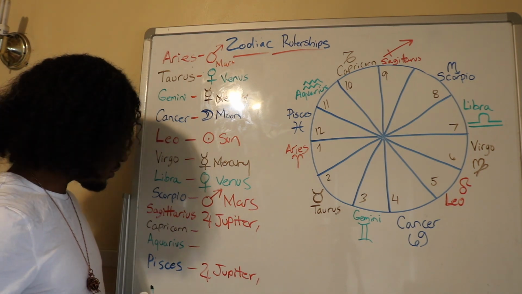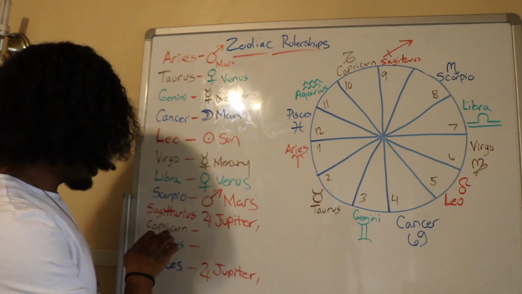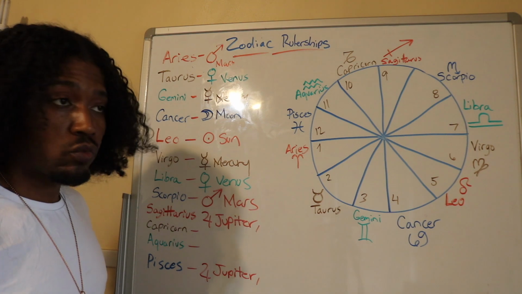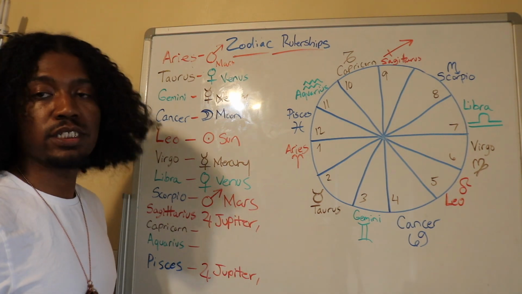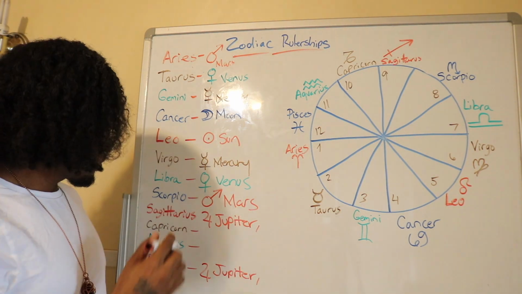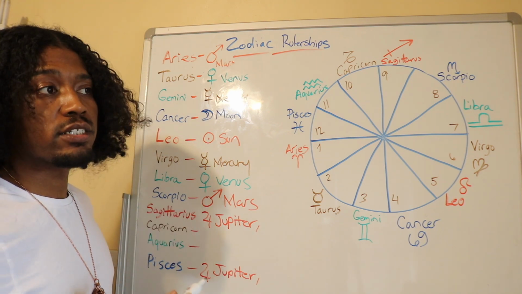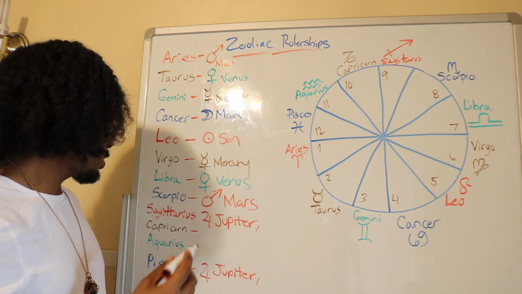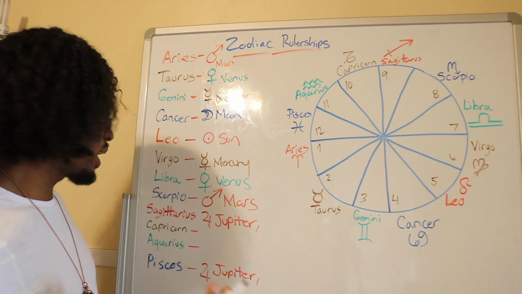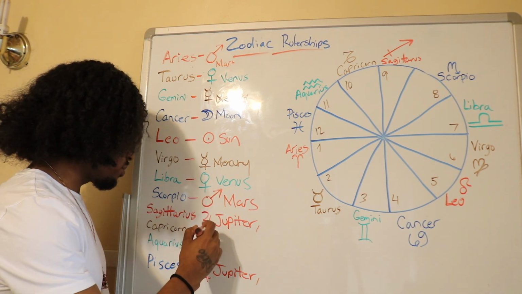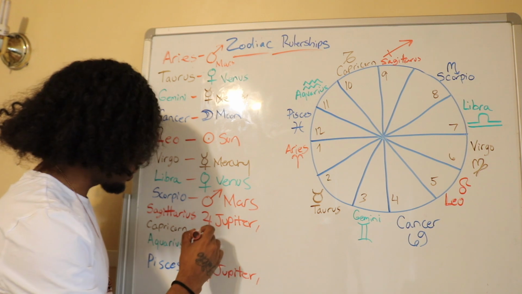Now let's go to Capricorn and Aquarius. Both of these two signs are ruled by, we could say, Saturn. Capricorn is considered the nocturnal or nighttime sign that Saturn rules over.